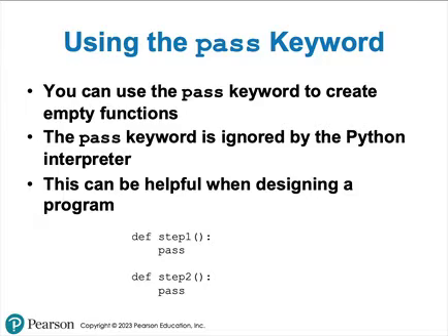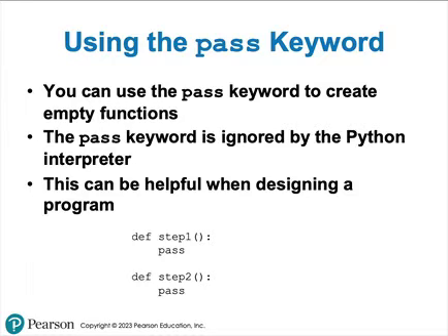This is kind of an interesting thing that I've only seen in Python, but basically there's a pass keyword that's kind of a do nothing. So when you're going through laying out your subroutines, you can have your define statements, give the function a name, and you can simply say pass.